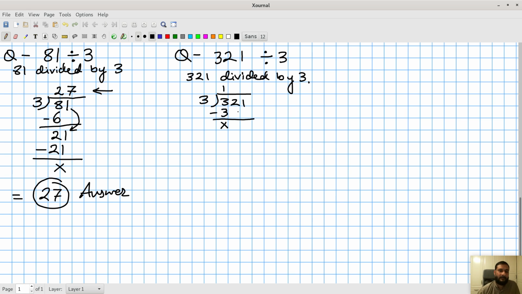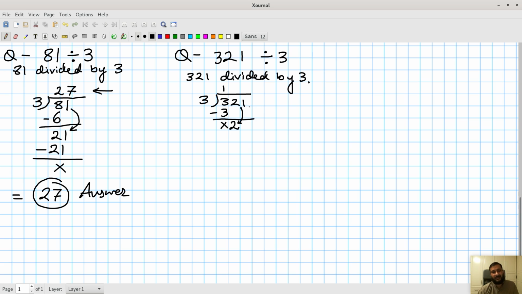Notice. So we bring down the next digit here, which is 2. So we check, can we divide this 2 by 3? There is no way. So this division is not possible to this point. We need a bigger number, and we do have another number waiting for us, right?